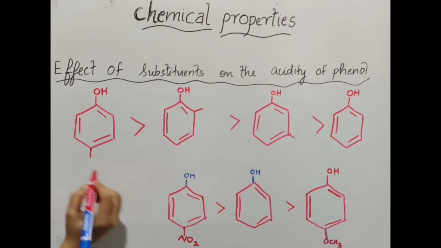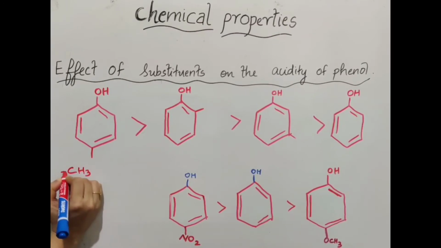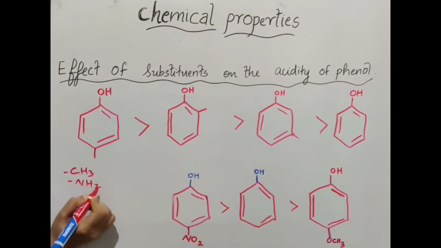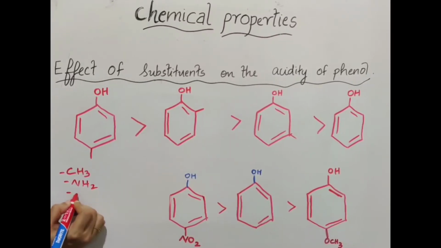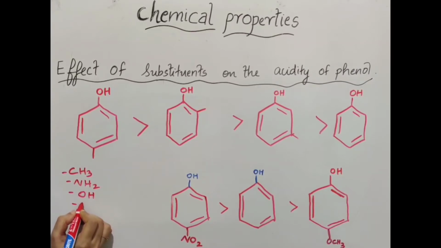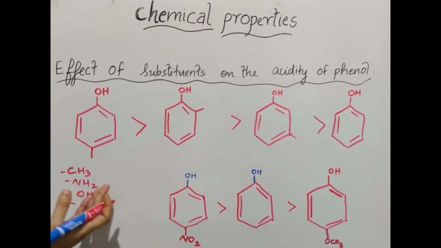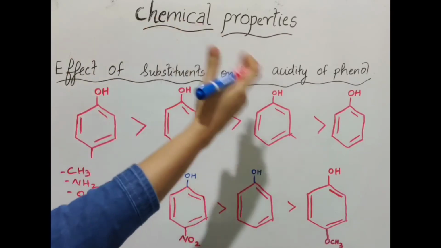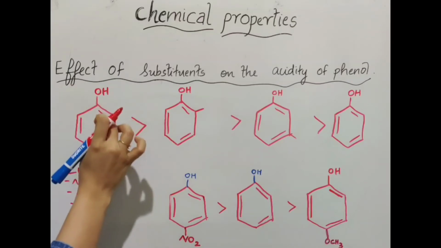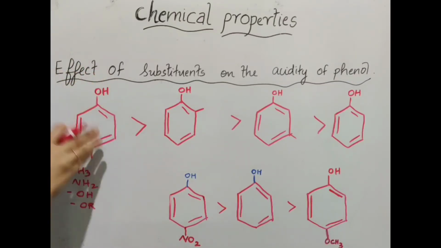One of the important ones is CH3, an alkyl group, NH2, OH, OR, etc. as substituents on the benzene ring.